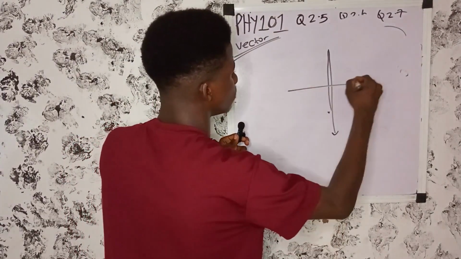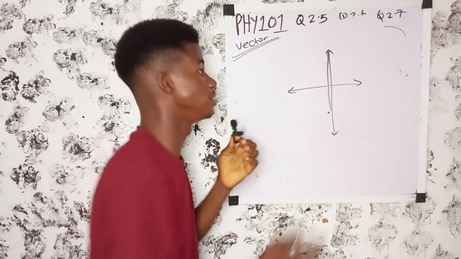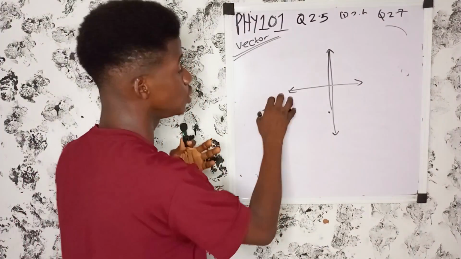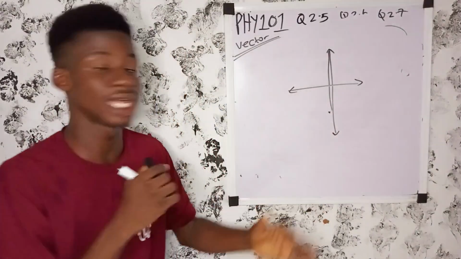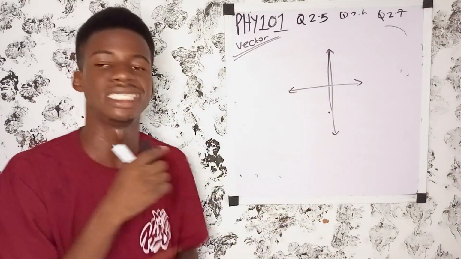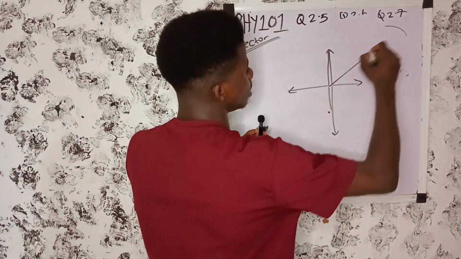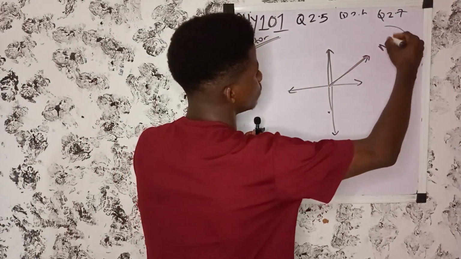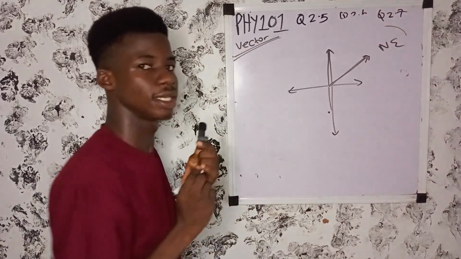We all know that north is 90 degrees, east is 0 degrees or 360 degrees, west is 180 degrees, and south is 270 degrees. Now what about northeast?